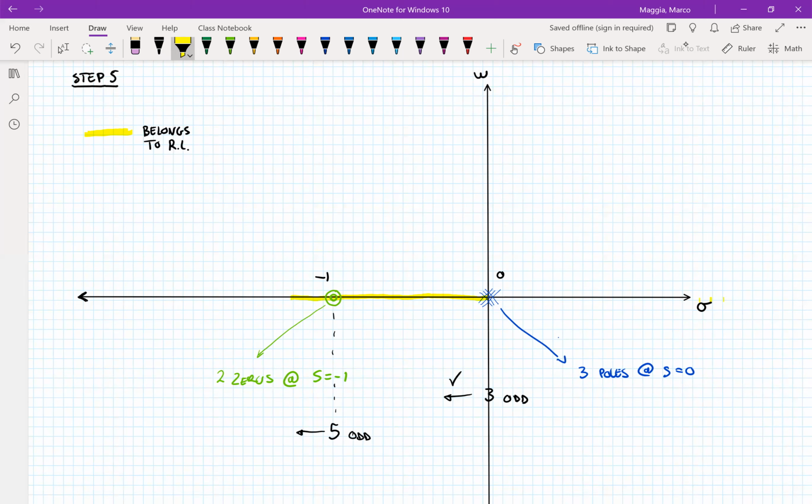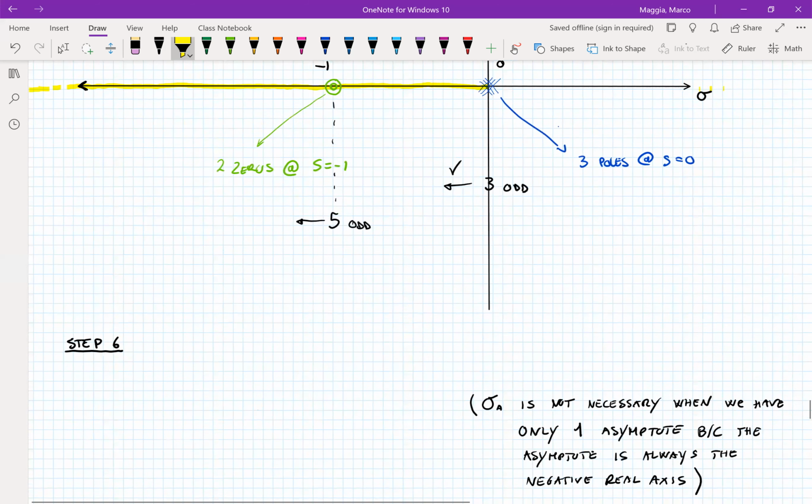And so we're going to select everything. And since we don't have any other open loop poles or zeros, then we know that all the negative real axis will belong to the root locus. So we're already expecting one asymptote to be on the negative real axis.